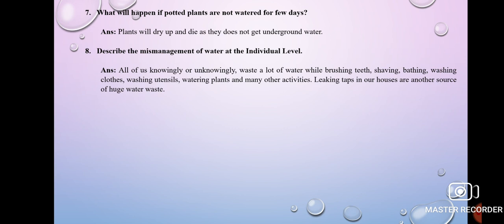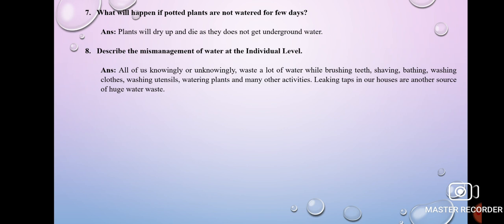Now all of us, knowingly and unknowingly, waste a lot of water. Like sometimes when we brush our teeth, we keep the tap open. That leads to the loss of water, because that water goes directly to the sewage, isn't it, in our drainage system, and that is unfit for use later on.